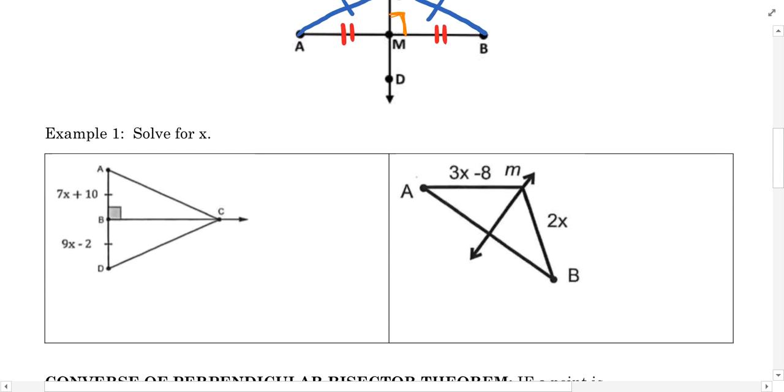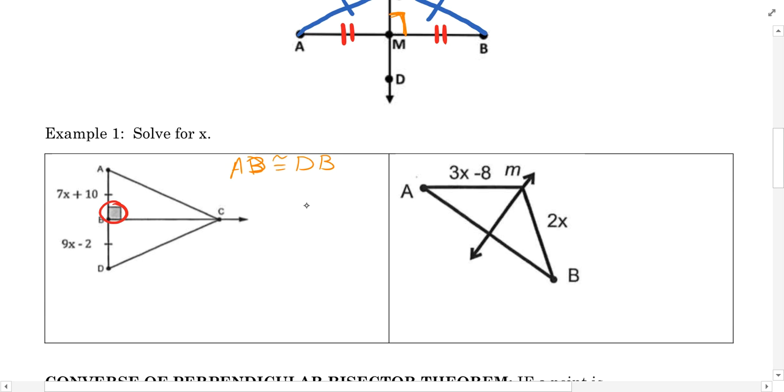So for example 1, solve for x. So here I can see that I have a perpendicular bisector, CD, and since it's a perpendicular bisector, I know for a fact that AB is congruent to DB, and again we could know that by reflection.